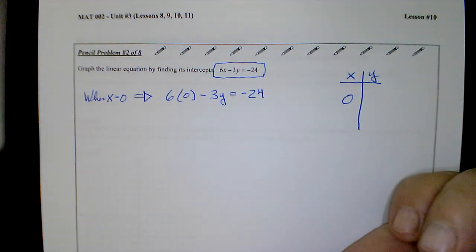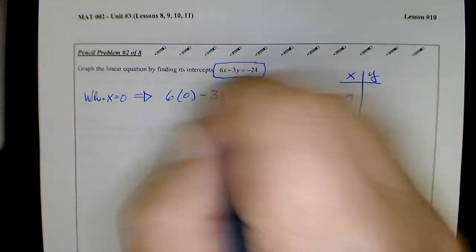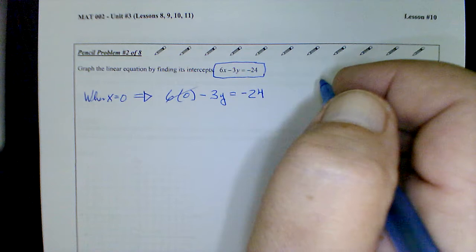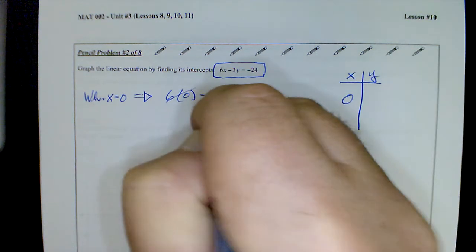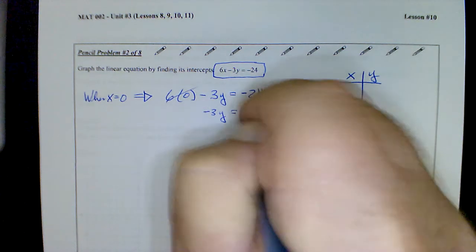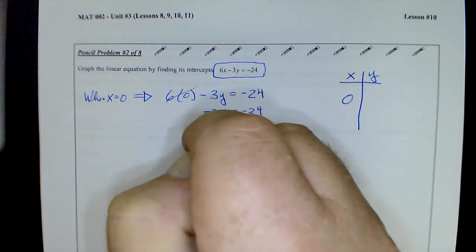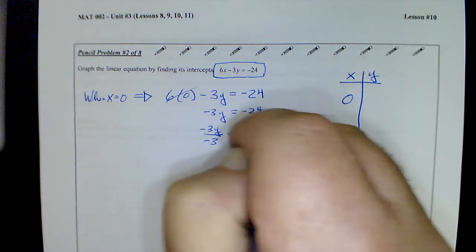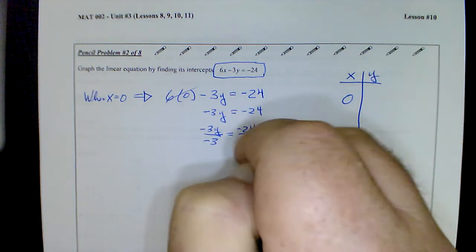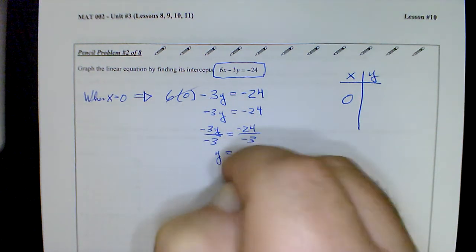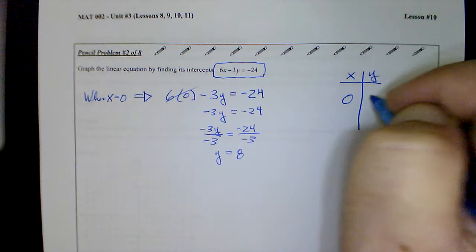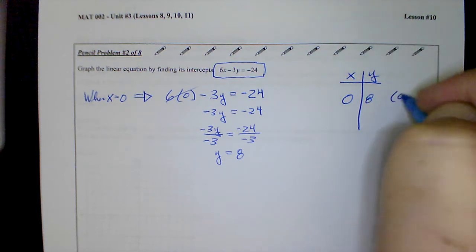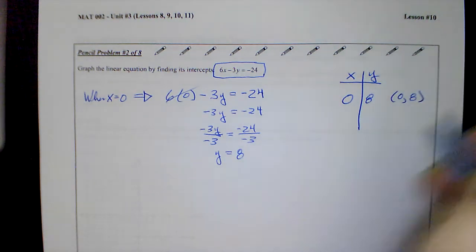Because if we're putting a 0 in, obviously anything times 0 is 0. So that goes away, and we just have -3y equals -24, and we can solve for y by dividing both sides by -3. So y is +8 in this case. So 0, 8 if you wanted to write the ordered pair.